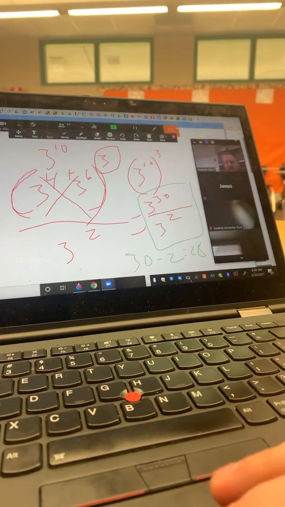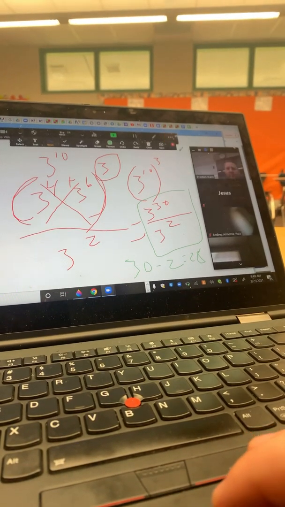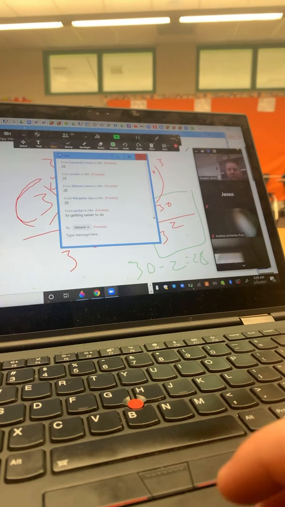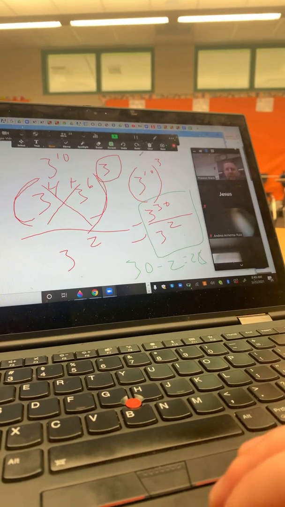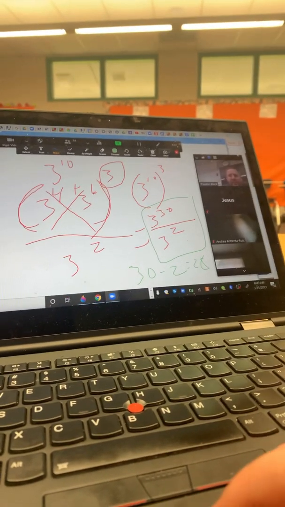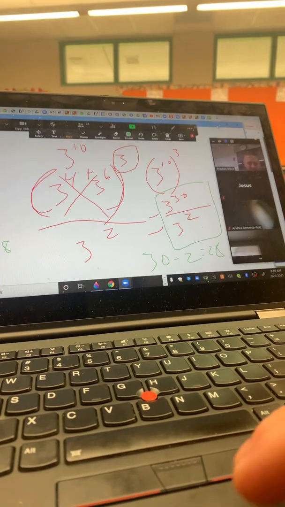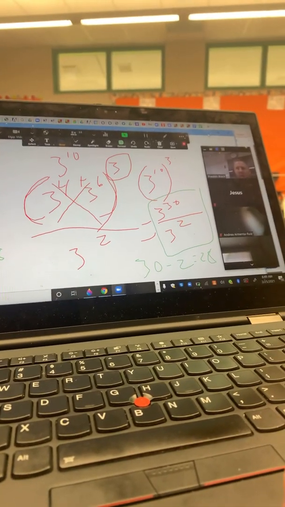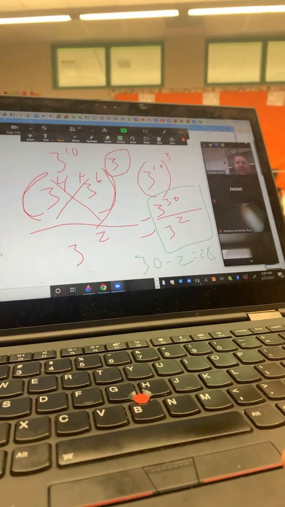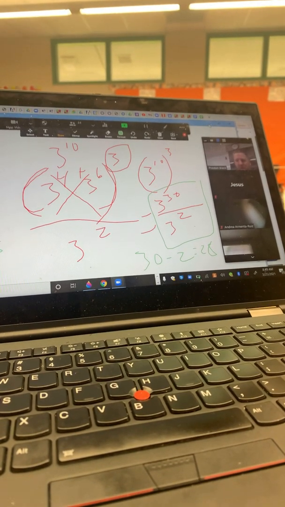Okay, this is one of the tougher problems that we have seen, okay? On your Padlet, you have some questions that you need to answer, and you're going to answer them for this problem.